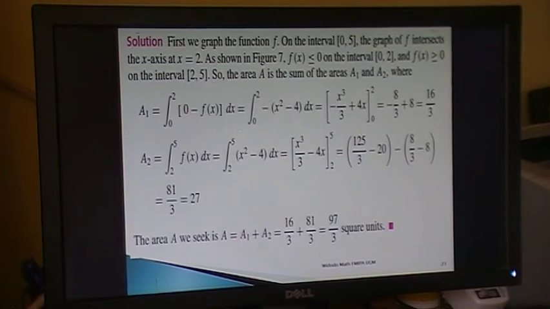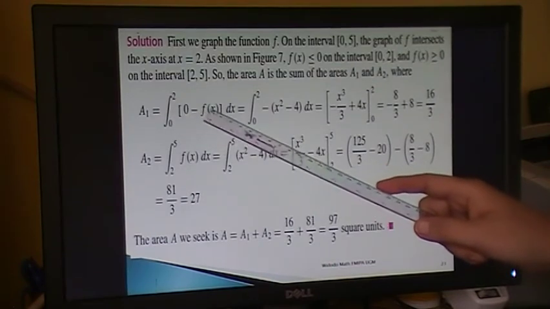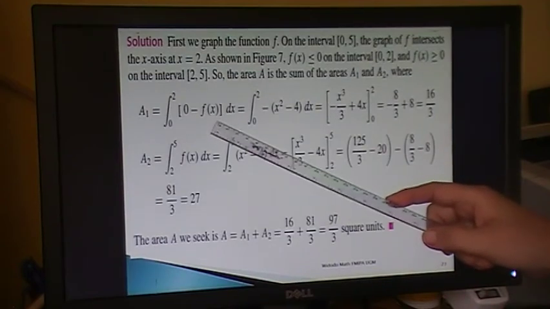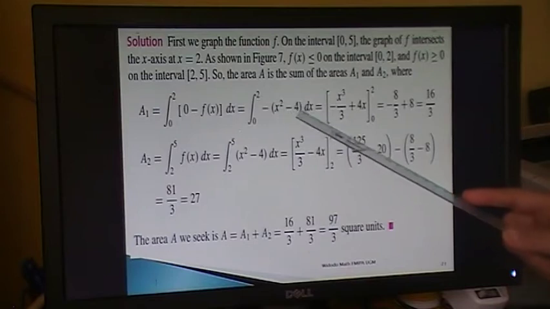Let me count. For A1, of course, the integral between 0 and 2, and this is minus f(x), because f(x) has a negative value. So this is equal to the negative of x squared minus 4.